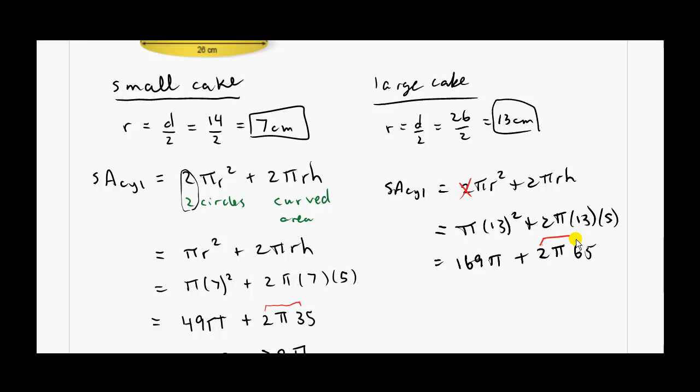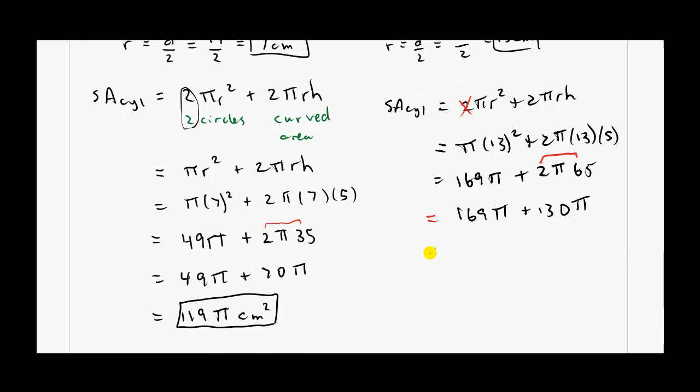In our next line, we will multiply the 2 by 65, 130 pi, for a total of 299 pi square centimeters.